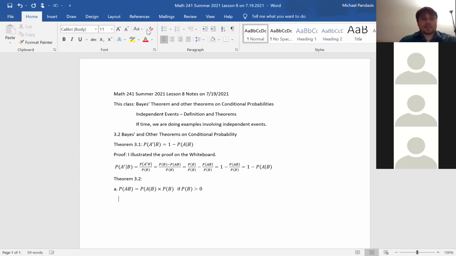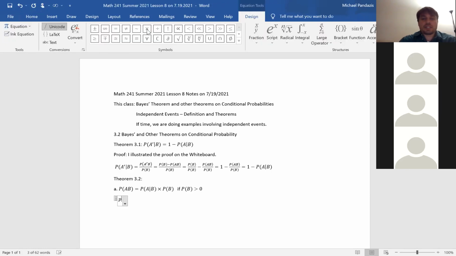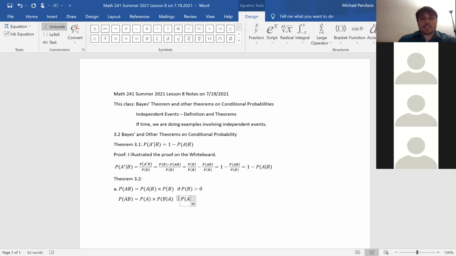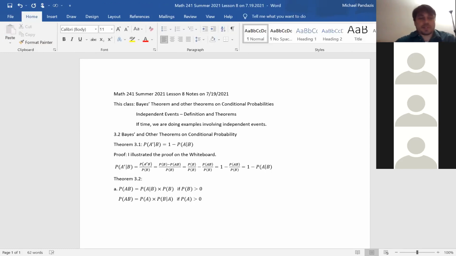And also the probability P of AB is equal to the probability of A times the probability of B given A. This is if the probability of A is positive. Yes, this is part A.